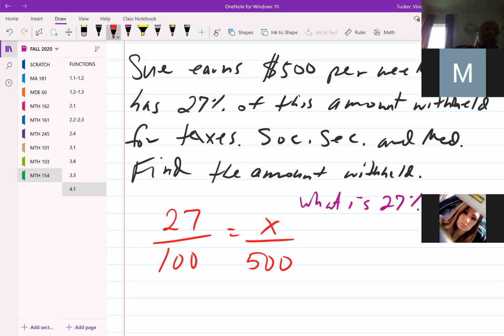All right. And once again, once you have your two ratios set equal to each other, you can cross multiply, or in this case, multiply both sides by 500.